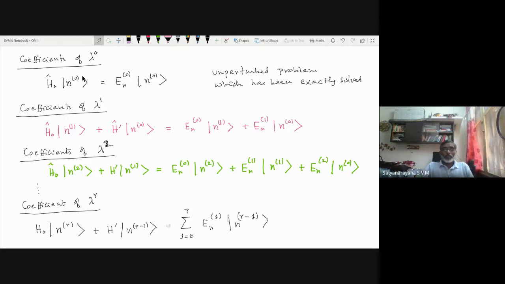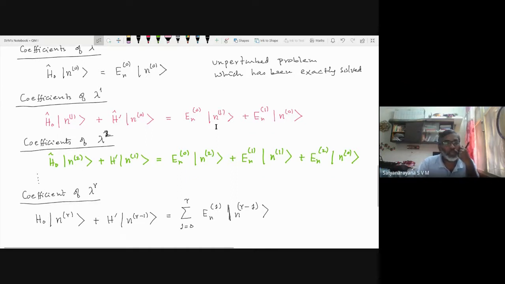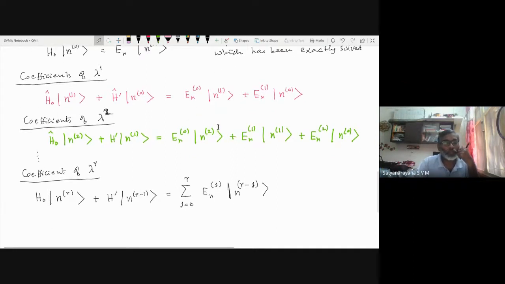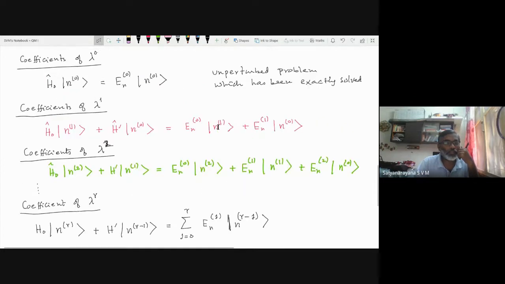So many terms will be there, basically r plus 1 terms will be there on the right hand side. So this is the general coefficient of lambda power r. Whether it is required for us or not is not the question, but I'm just trying to state that one can collect the coefficient of any lambda power r. Okay, so that is the expression that we will get.